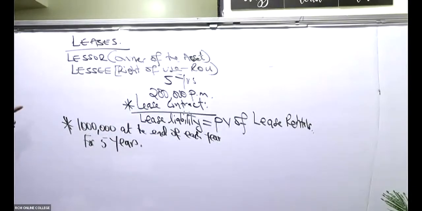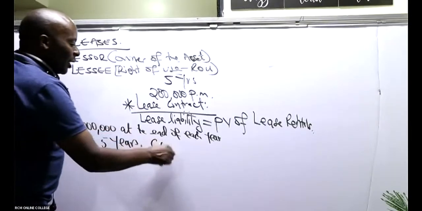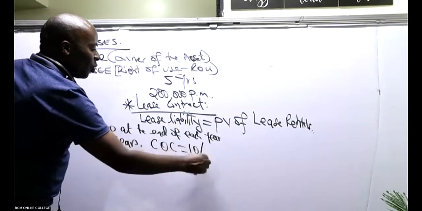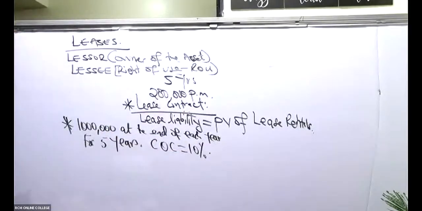So in this case, the lease rental is 1 million shillings every year, at the end of each year, for 5 years. And then they have given us the COC, the cost of capital, as what percentage there? 10%.